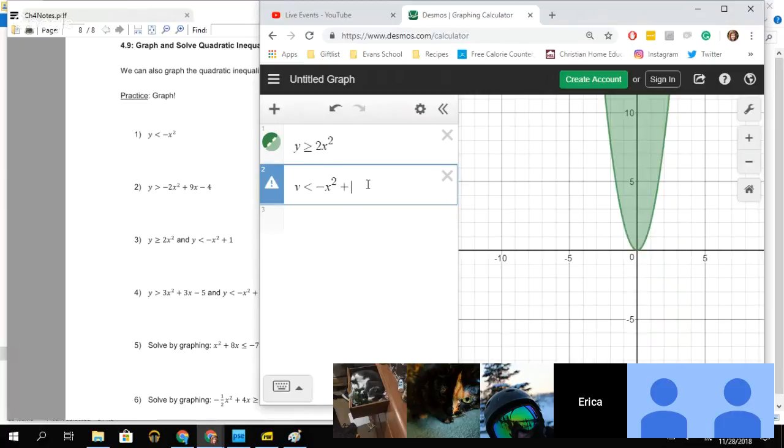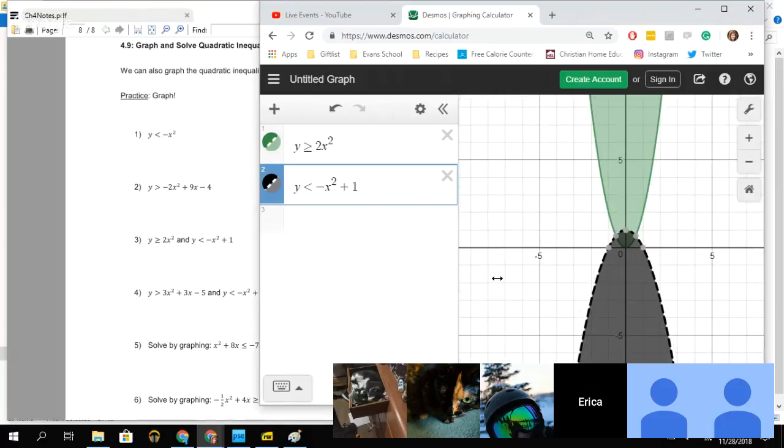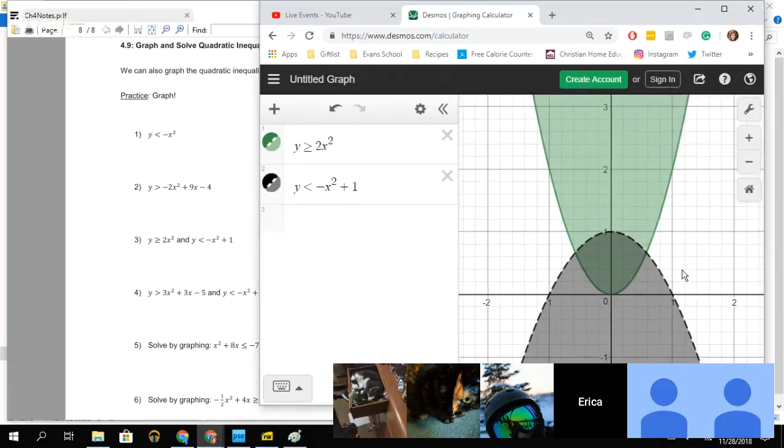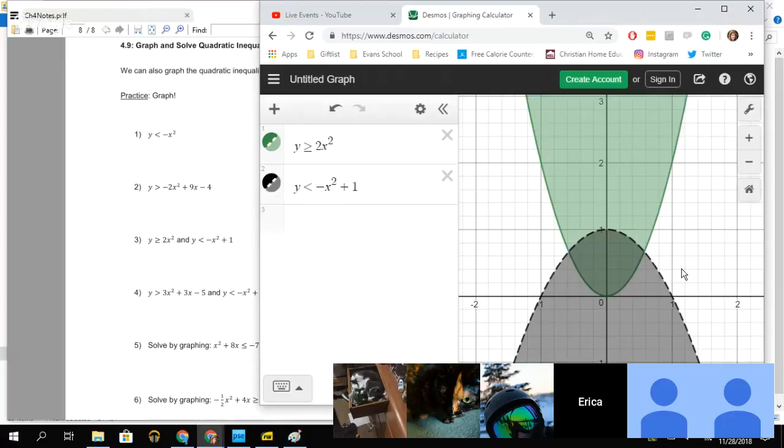So I'm doing number 3 here. Okay, so there's my two graphs, and you notice it says and, so this is a system. So if I were to graph the two of these together, okay, it's actually going to be the places where they overlap.